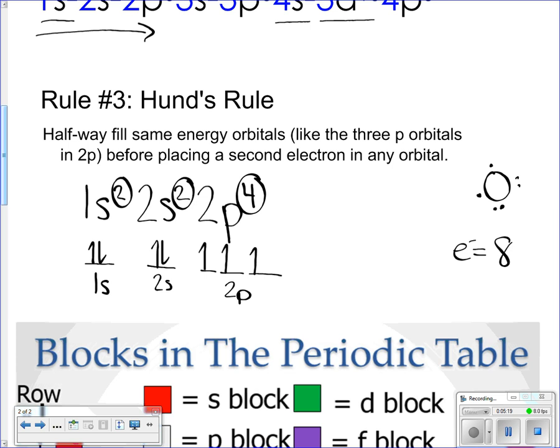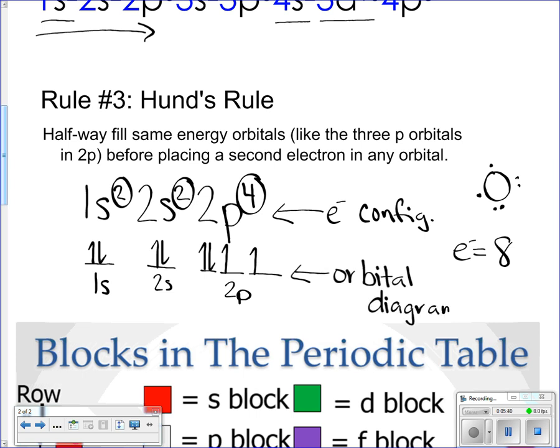So now that they're all filled halfway, I can go on and put my fourth electron in. So this would be my electron configuration for oxygen, and this is my orbital diagram for oxygen.